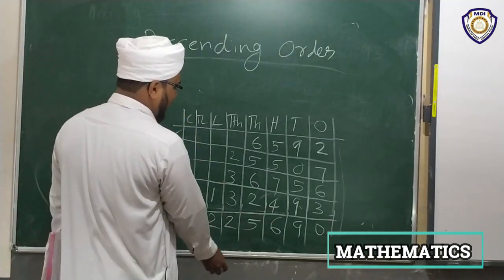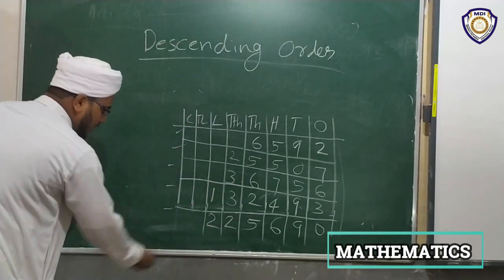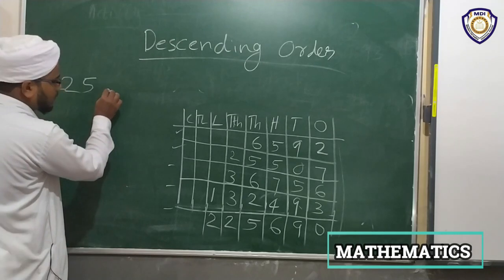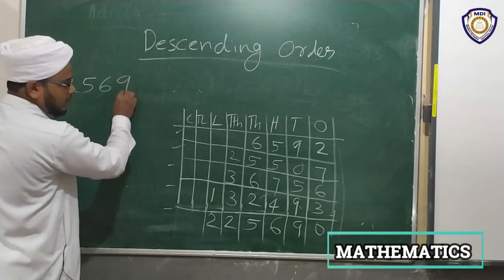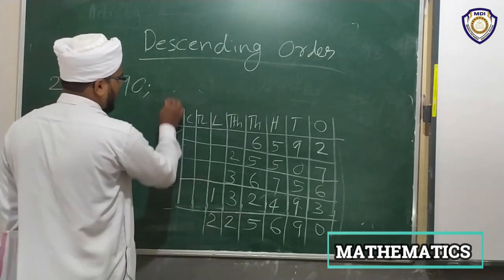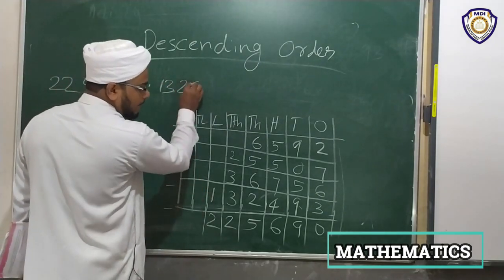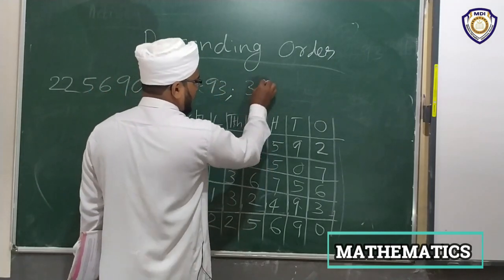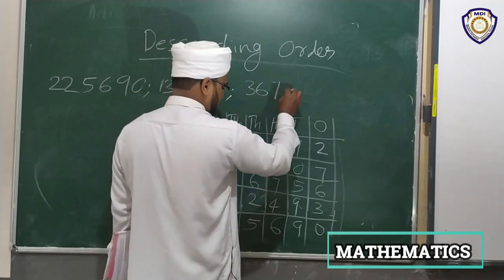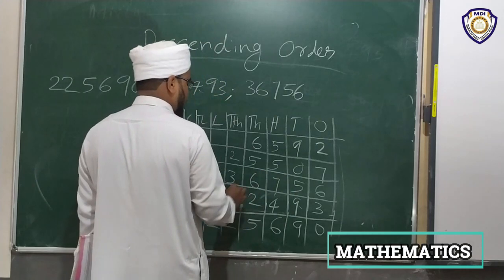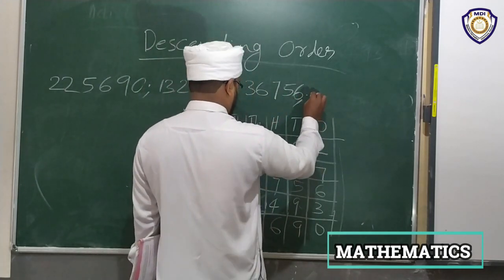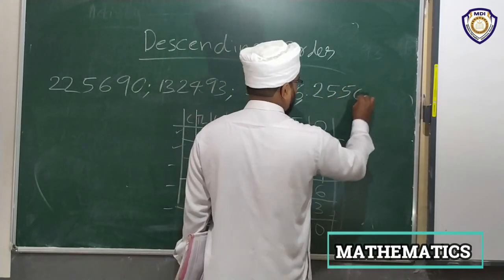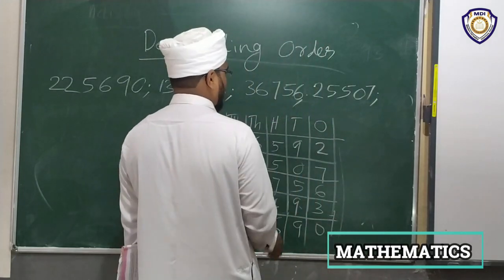If you are asked to write the descending order of these numbers, then you have to write first this number, next this number, next this, next this, at last this number.